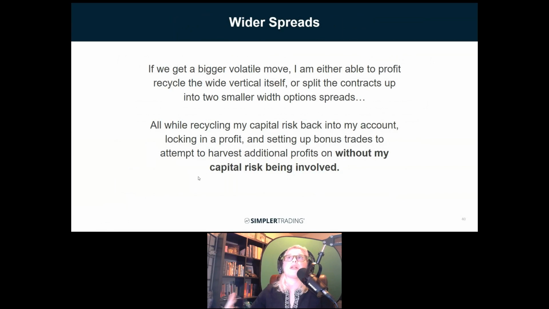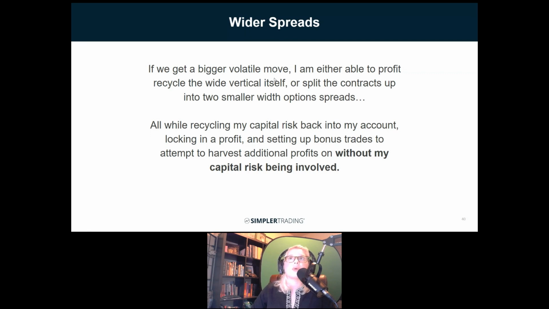If we get a bigger volatile move like that, I am either able to, one, profit recycle the vertical itself. So instead of starting with a long call or put, right, you start with a wide vertical. So if it's a really big move initially, you can profit recycle the wide vertical itself, or you can split the contracts up into two smaller width option spreads and have multiple bonus trades on rather than just maybe one big one.